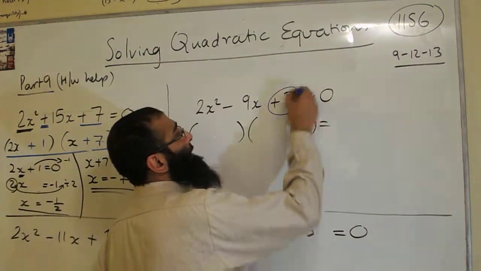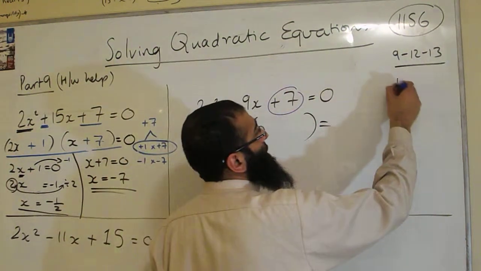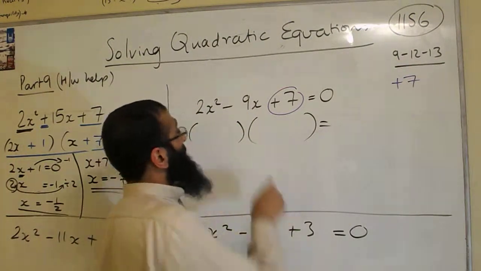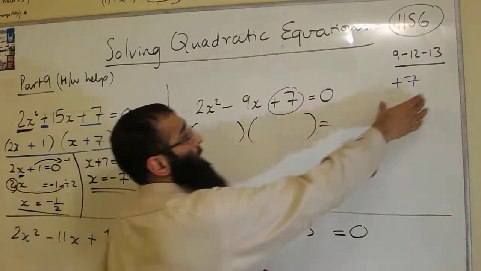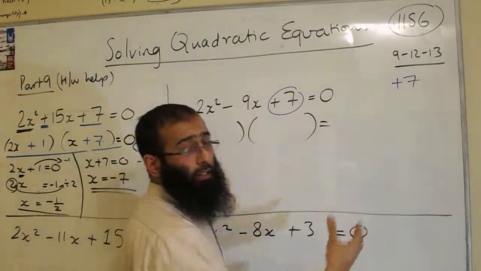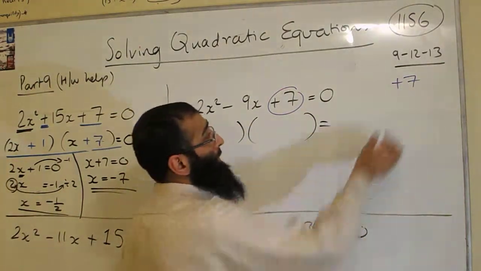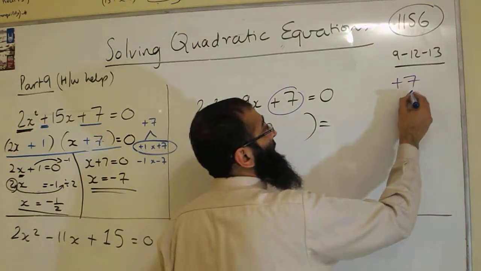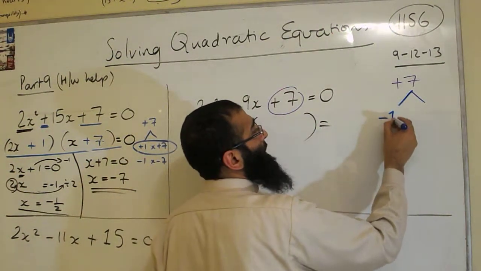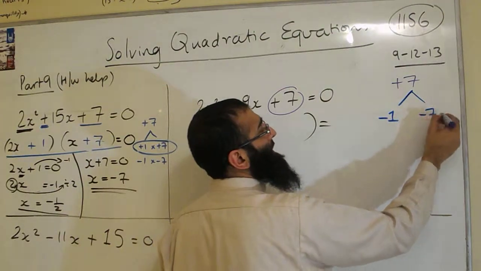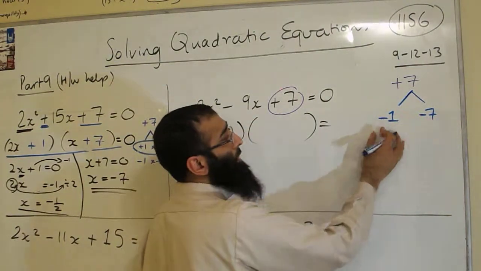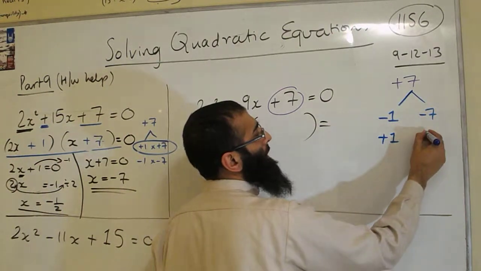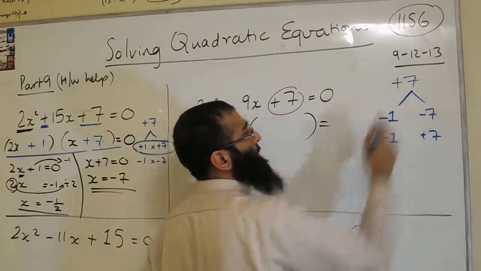So we're looking now at the plus 7. We have to find the factor pairs of plus 7. We've got a minus here as well, so we can look at both positive and negative factors. Because 7 is a prime number, we need to look at minus 1 times minus 7, which will give us plus 7, or plus 1 times plus 7, which will give us plus 7.